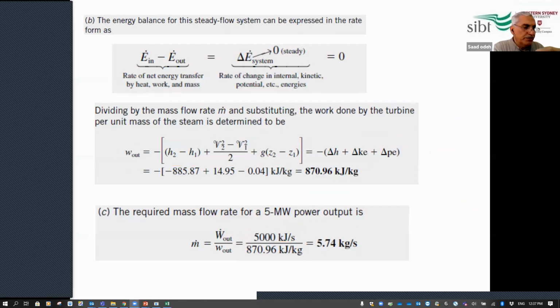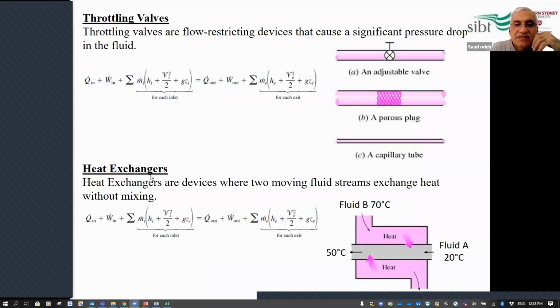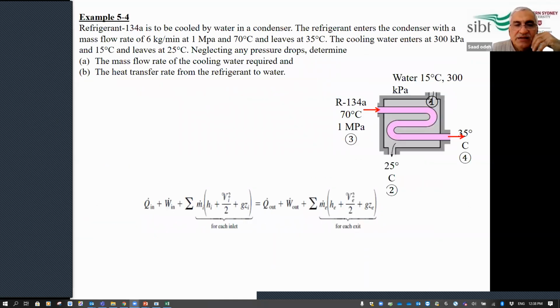If you need more details, you can always ask or send me an email, or tomorrow in the tutorial class, you can ask Dr. Ahmed. He will be happy to help you. So we leave this for next week. We have a question here about a heat exchanger. You're going to use this type of application in your lab report.